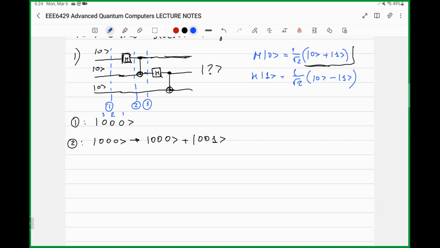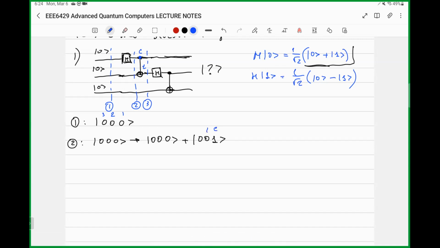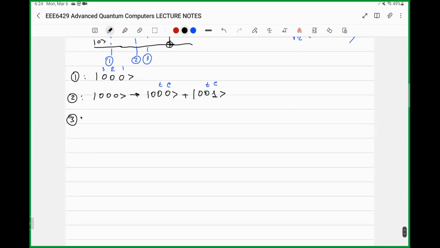Then the state number 3 is a result of the application of the CNOT gate with control connected to the first qubit and target connected to the second one. So this is the control here, target is here, control here, target is here. So the state at the third stage of this circuit is this result.